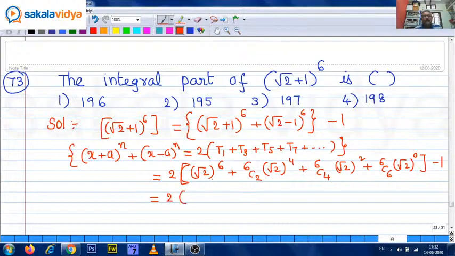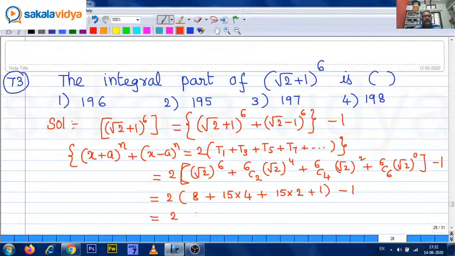2 times root 2 power 6 means 2 cube, 8. 6c2 means 6 into 5 by 2, 15. Root 2 power 4 means 2 square, 4. 6c4 is also 15. Root 2 square is 2. 6c6 is 1. Plus 1 and minus 1.